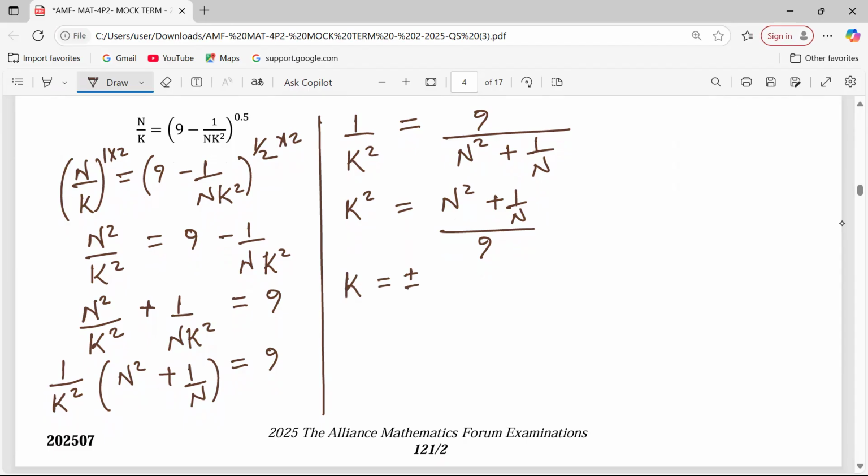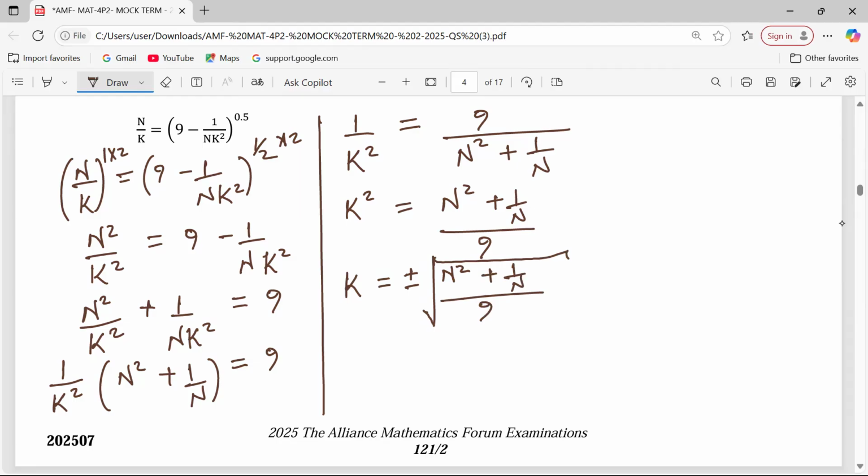Because k squared equals that, then to remain with k, we obtain the square root. Plus or minus. Now I take the square root of n squared plus 1 over n out of 9. That is now the value of k.